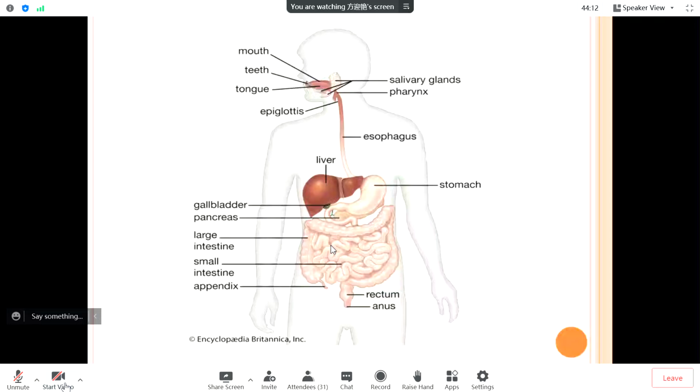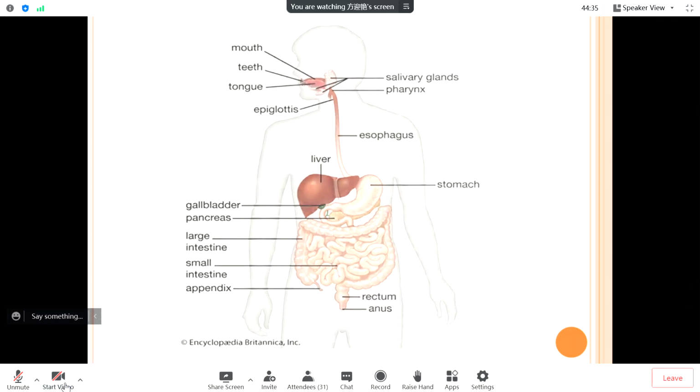In this experiment we mostly use the intestine, not the stomach. The stomach and the intestine normally have the same physiological properties.